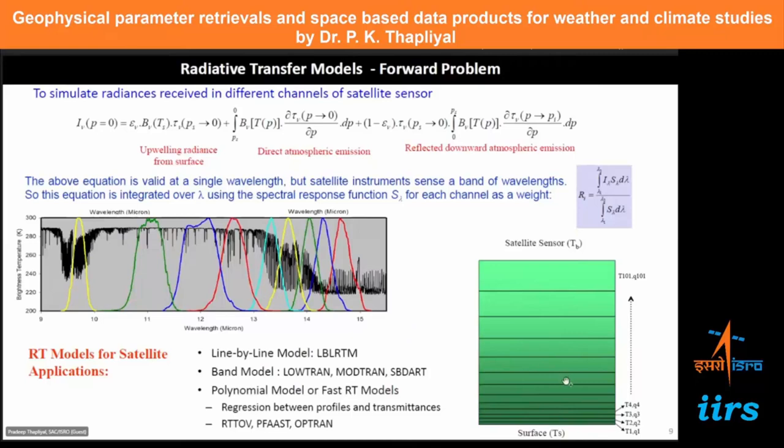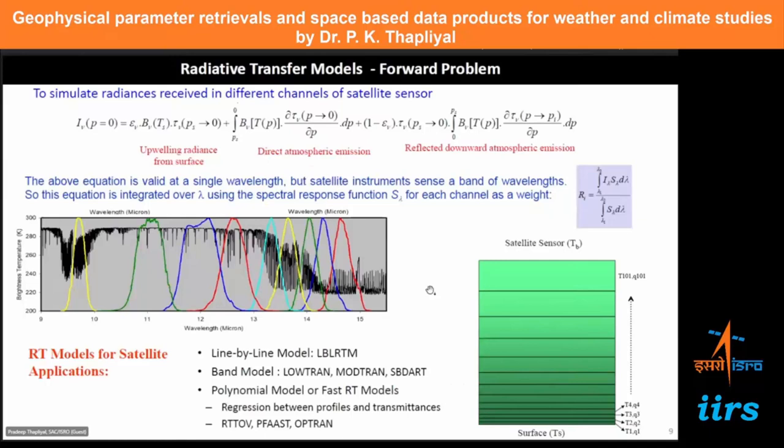So what will happen there? The gases in the atmosphere will absorb radiation which is emitted from the surface. That part is absorbed, but the gas itself is at a certain temperature, the temperature of that atmospheric layer. So the gas at that layer will again emit radiation, and that emitted radiation will be given by the Planck function at the temperature of that level.